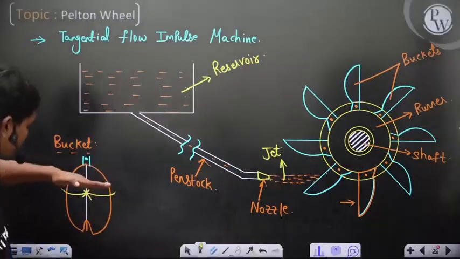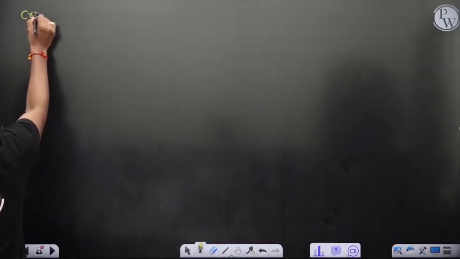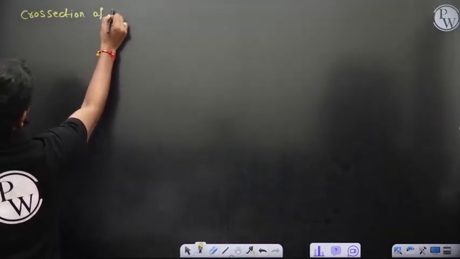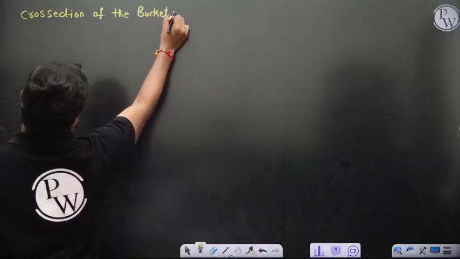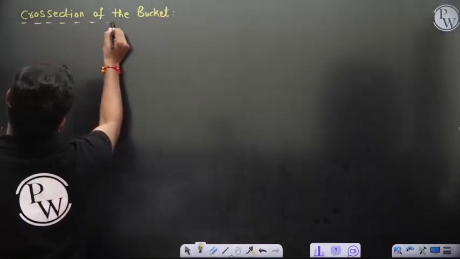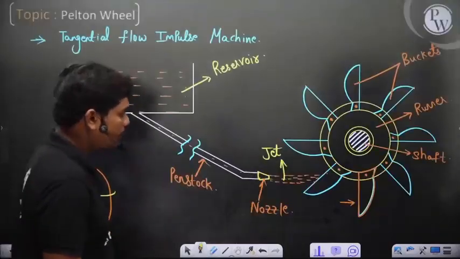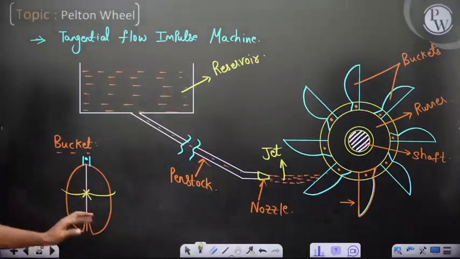So if you make a cut at this point, we'll see the cross section of the bucket. So what happens? I'm drawing the cross section. If you pick one bucket and see it in the front view, this is how you see.